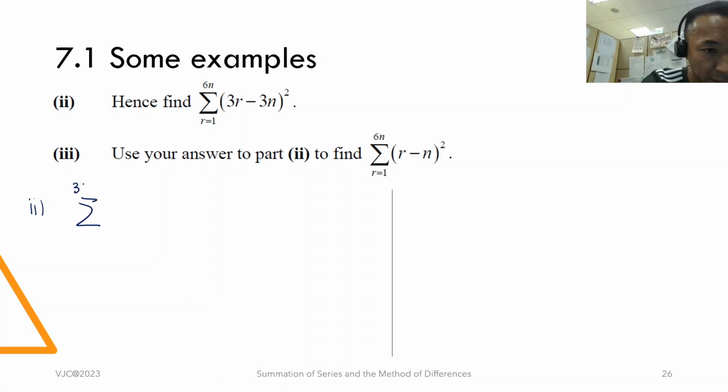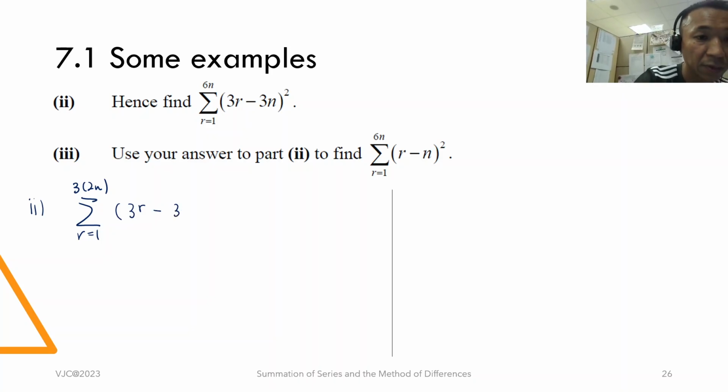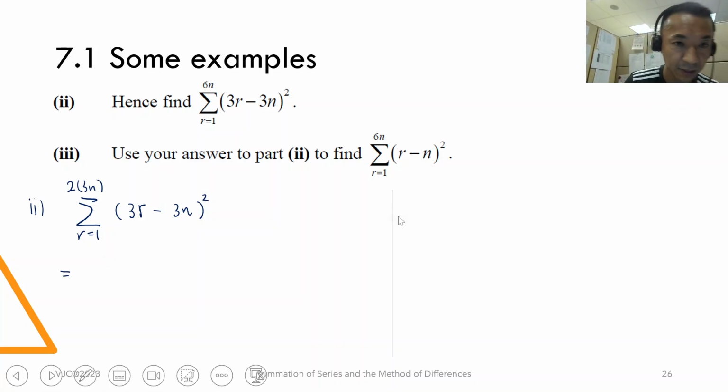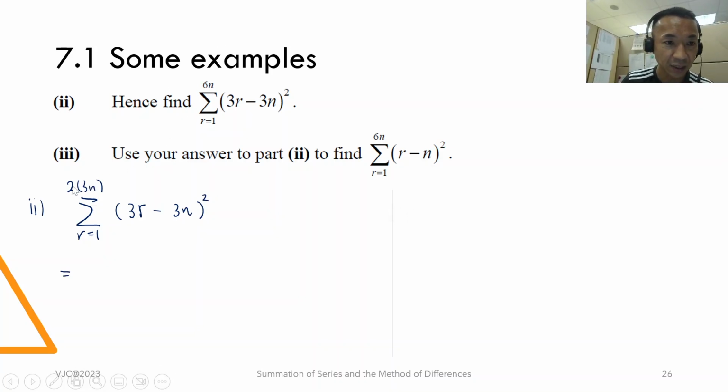Sorry, I beg your pardon, I wrote it wrongly. I'm going to rewrite this slightly. Instead of 6n, I rewrite it as 2 times 3n.